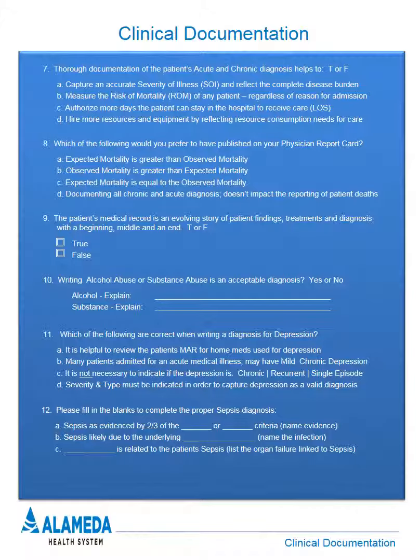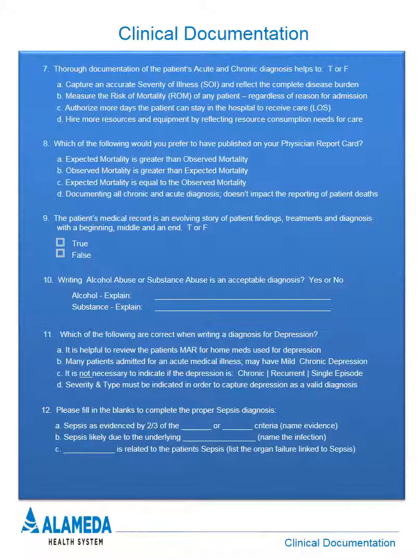True or false? That's true. So this is an important question because by us capturing your documentation and your diagnosis completely and thoroughly, this is what we accomplish by doing that. Just 4 of the many benefits by documenting properly.